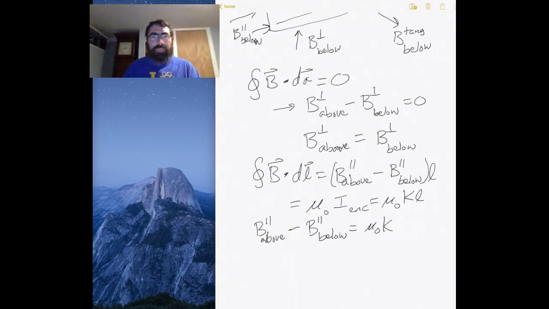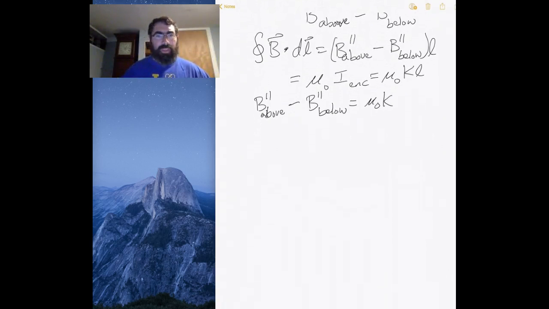The same should be true for the tangential magnetic fields. So what we get is that the magnetic field component that is parallel above minus the magnetic field component that is parallel below is equal to mu 0.